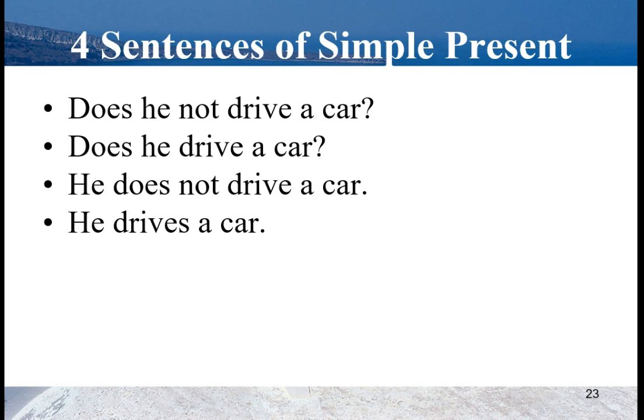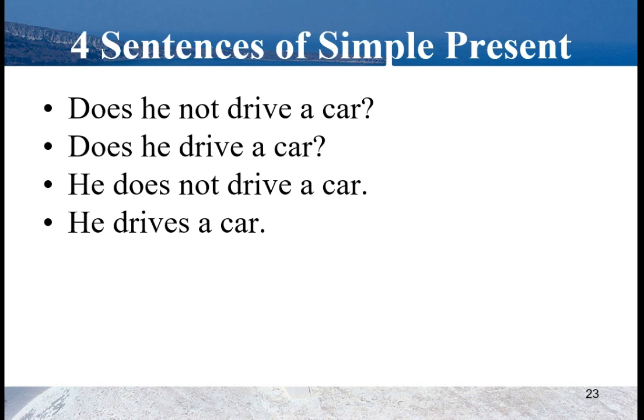He has been driving a car since 6 o'clock. He has not been driving a car since 6 o'clock. Has he been driving a car since 6 o'clock? Has he not been driving a car since 6 o'clock? He had been driving a car since 6 o'clock. He had not been driving a car since 6 o'clock.